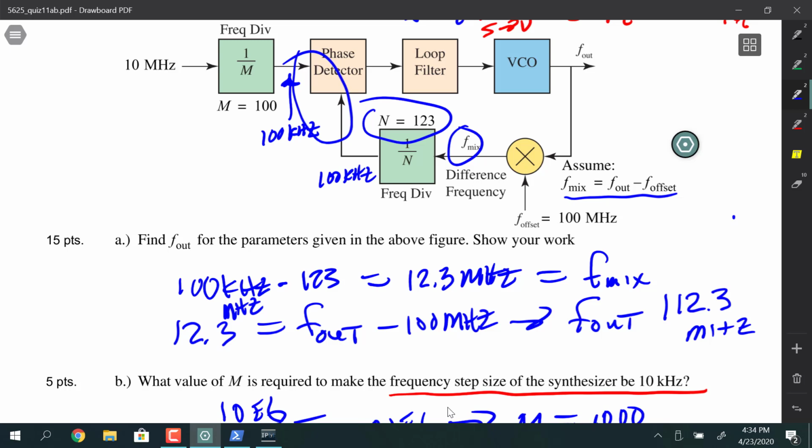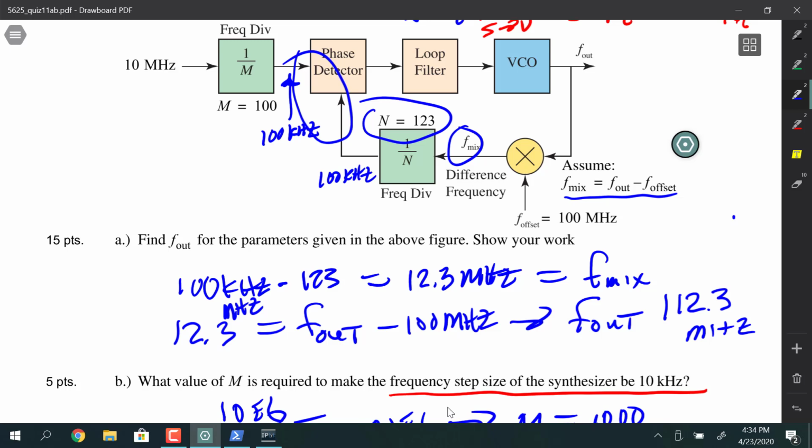But I could take the same problem and turn it around, and I could say I want F out to be a certain frequency, and then I want you to tell me what N needs to be to make that happen. So you could work it that way too. I could take this exact problem and put this on the exam and just turn it inside out and say the exact same setup, find N to get the output to be a different frequency, like 121.2 megahertz.